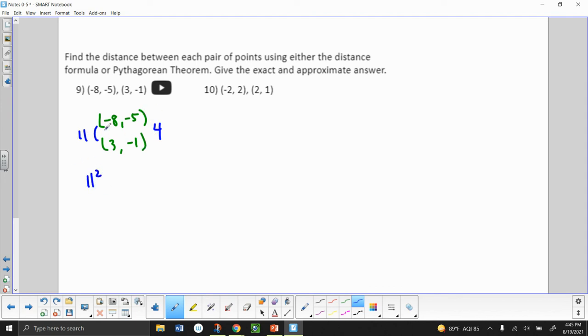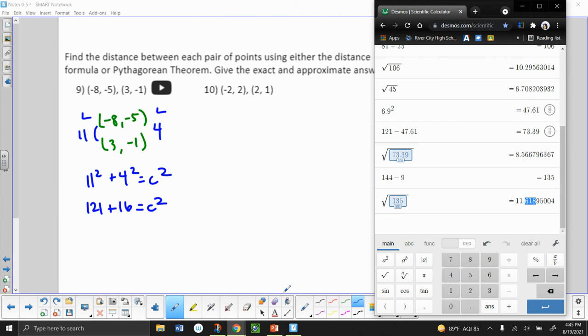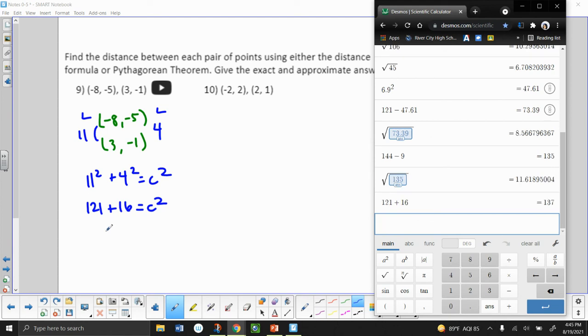So then this is our leg. This is our other leg. 11 squared plus 4 squared is equal to c squared. So 121 plus 16, 137.